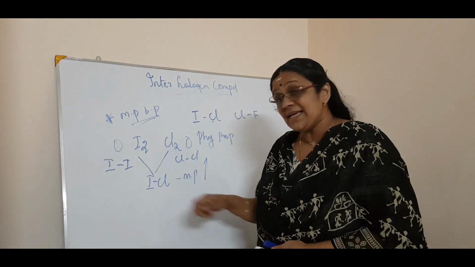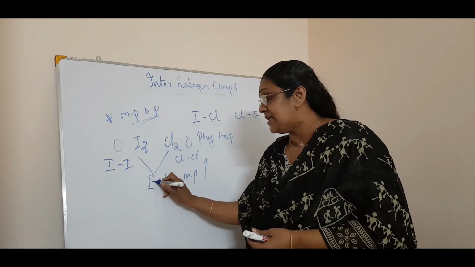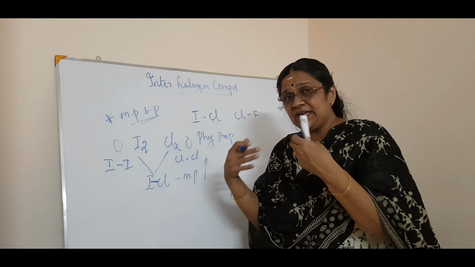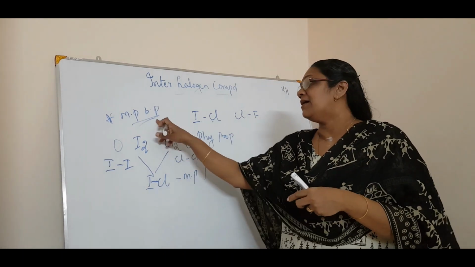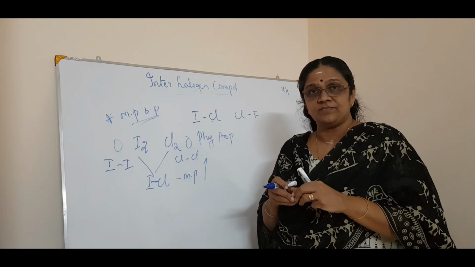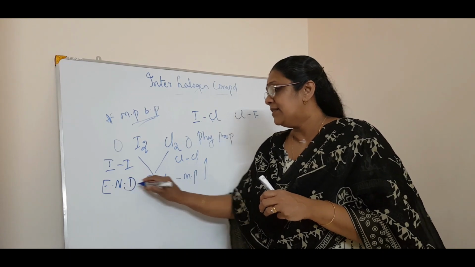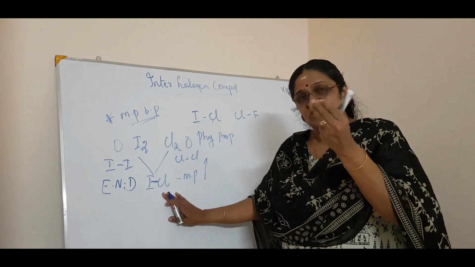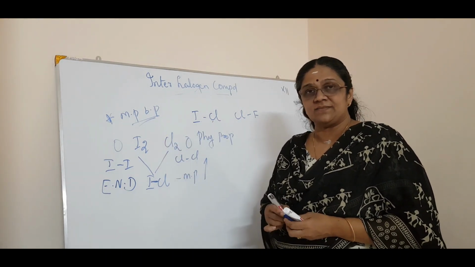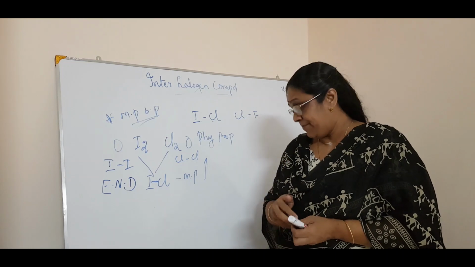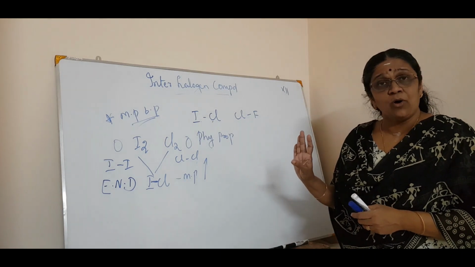But in ICl, chlorine is more electronegative than iodine, so there is a little bit of force of attraction due to the electronegativity difference. In order to break that, the boiling point is higher. So, got the point? Due to the electronegativity difference, this has a slightly higher boiling point or MP compared with the normal case. So, got that logic or reason? Okay, so that is the physical property. The only exception is about the melting and the boiling point.